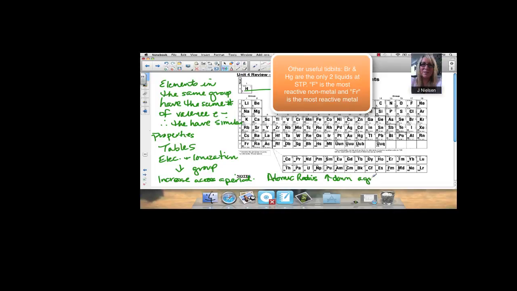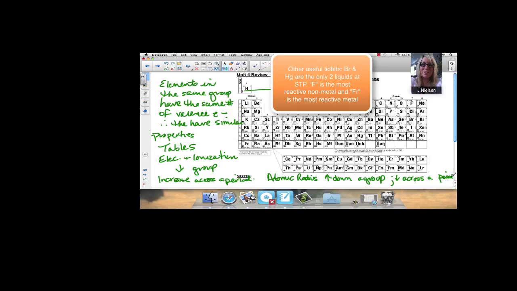Now let's talk about when we go across a period. When we go across a period, my ionization energy is going to increase, meaning it's going to be more difficult to remove an electron as we go from left to right across a period. Why?